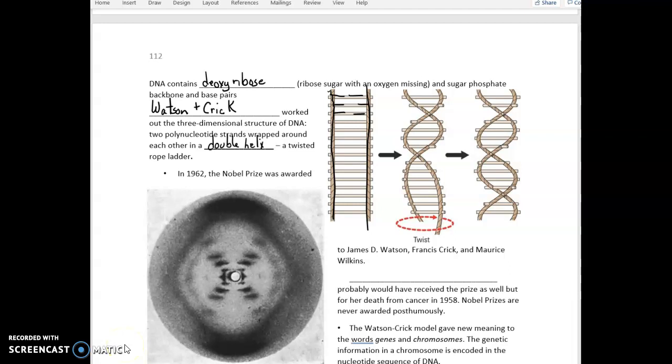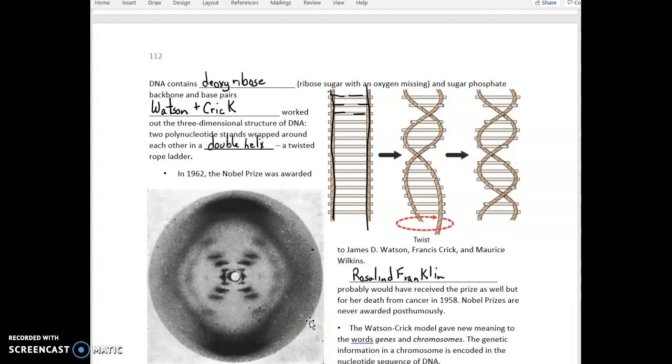Rosalind Franklin probably would have received credit as well. She died of ovarian cancer in her 30s, probably because of all the radiation exposure that she received at work.